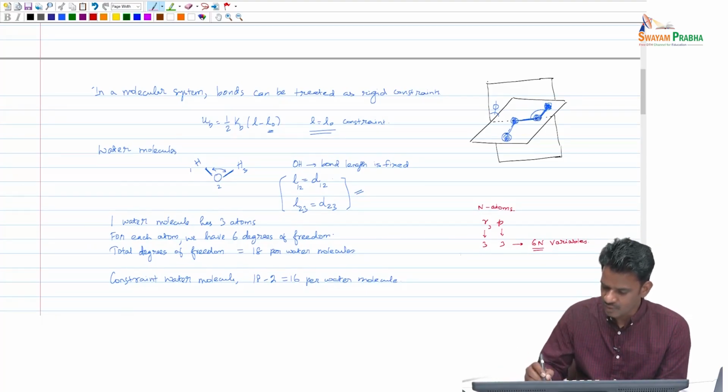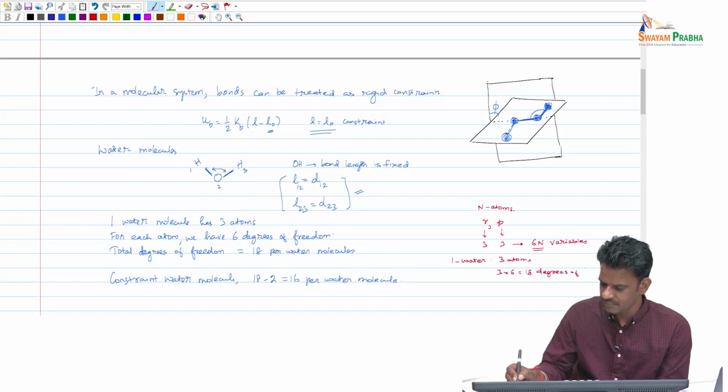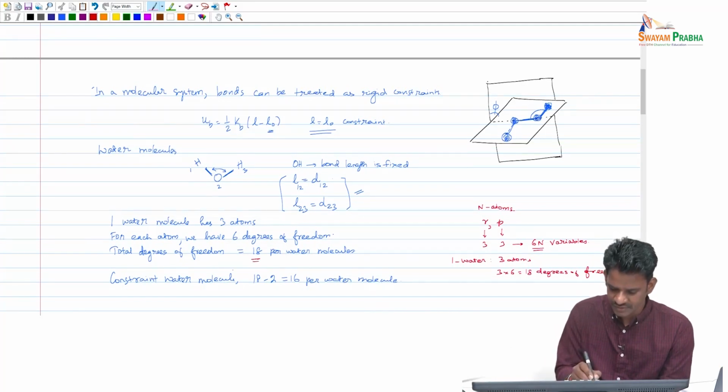Now, in the case of water, one water molecule has 3 atoms. So, 3 times 6 is 18 degrees of freedom in the unconstrained situation. So, that is what I have written here.